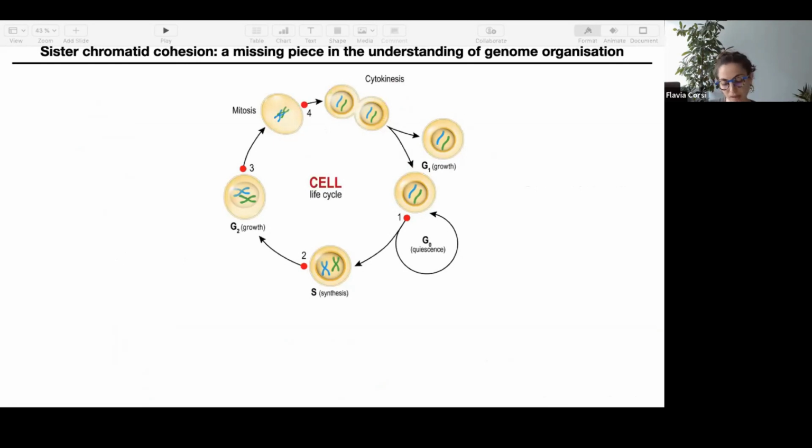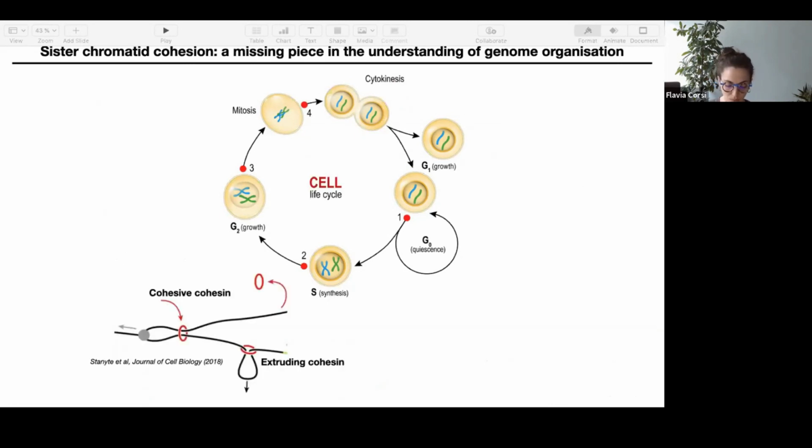In fact, after DNA replication, each chromosome sequence is duplicated, giving two identical sequences called sister chromatids that are tethered together until the cell enters mitosis. So we now have a better understanding of internal chromosome conformation, but we don't know how sister chromatids interact with each other, even if they spend a large part of the cell cycle tethered together.